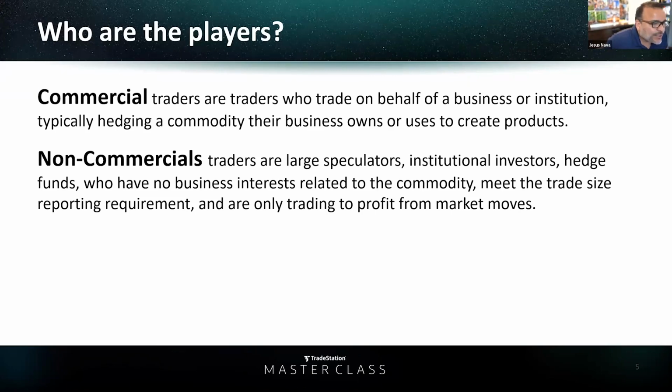Non-commercials are traders that are large speculators, institutional investors, hedge funds, who have no business interest in the commodity, but they meet the trade size, they meet the reporting requirements, and are only trading to profit from market moves. So these are where all the big traders actually belong.